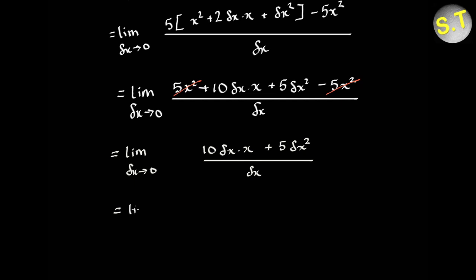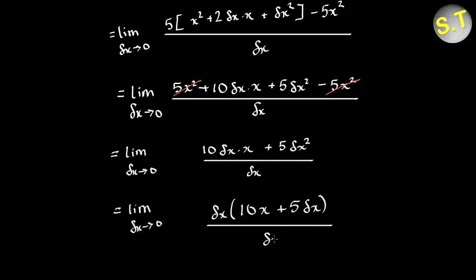What we can do now is factor out a delta x from each of these terms. So what we have is delta x times 10 times x plus 5 delta x, divided by the original delta x. And clearly these two terms cancel out.